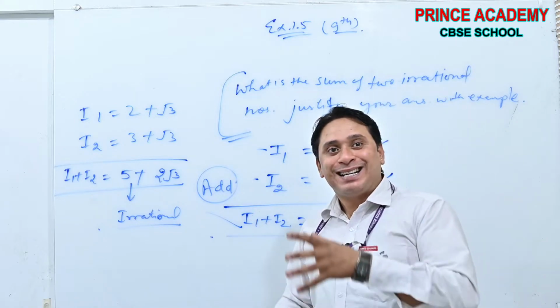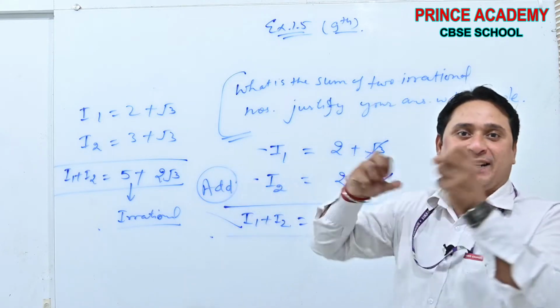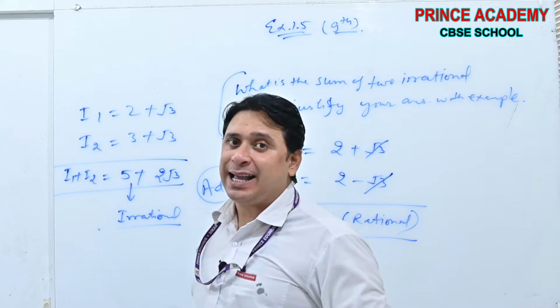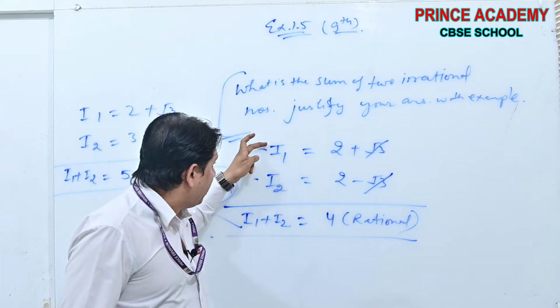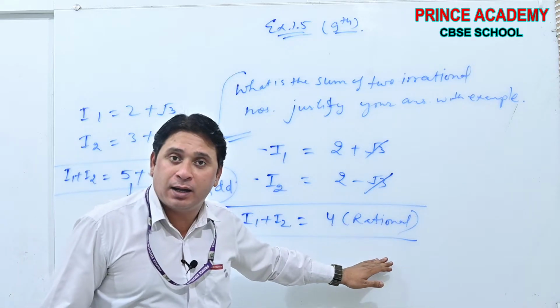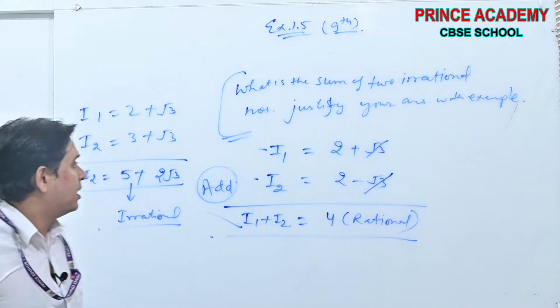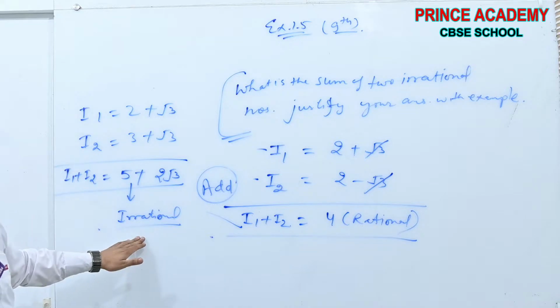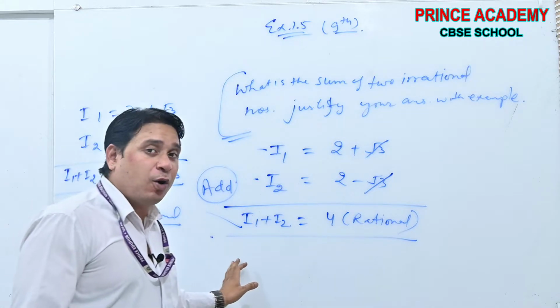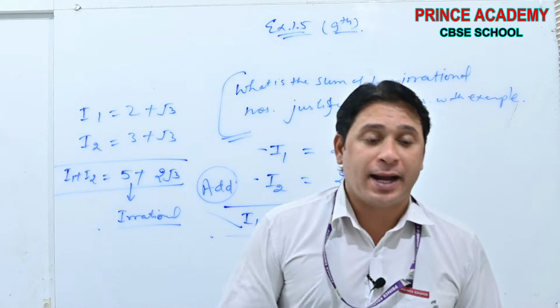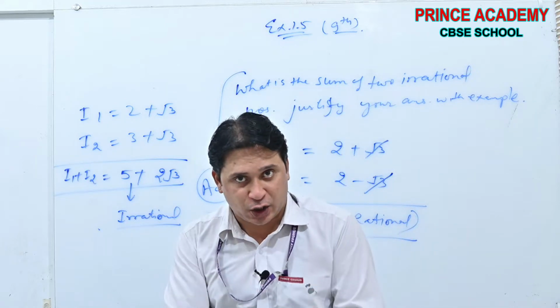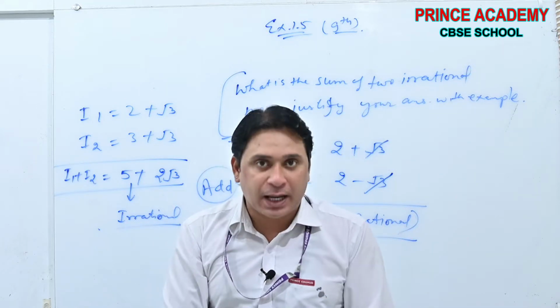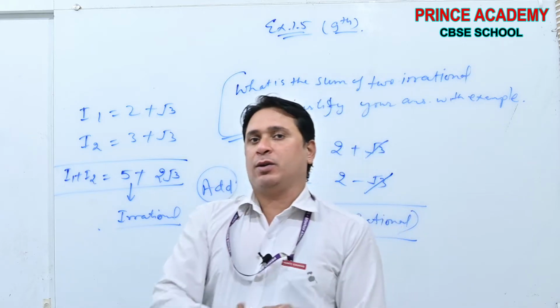Students, what does this example state? This example tells you that the sum of irrationals can be rational as well as irrational. And this is not only in addition, it can be for subtraction, for multiplication and for division also.